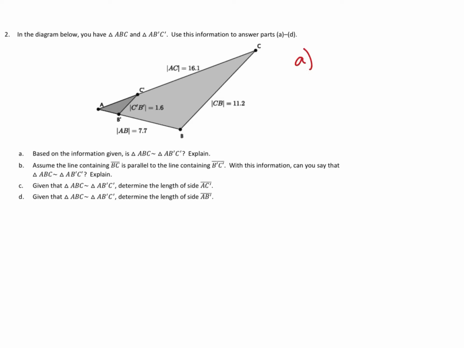In A, based on the information given, can we say they are similar? Right now, we only have one set of corresponding sides. This is not enough information to tell. We would need some information about angles, or we would need all of the sides.